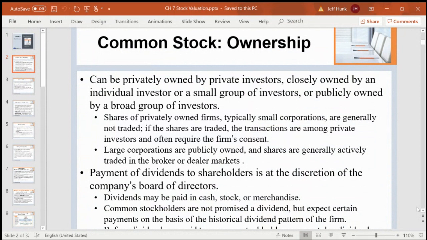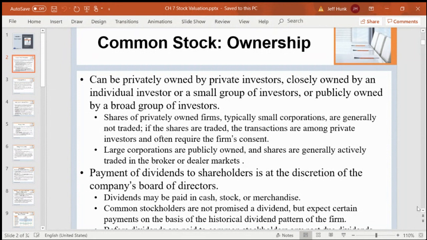Stock is called that because, remember from the financial statements, specifically the balance sheet, the balance sheet represents the capital structure. And equity is the long-term capital provided by the owners. So it means ownership, right? So common stock means ownership.